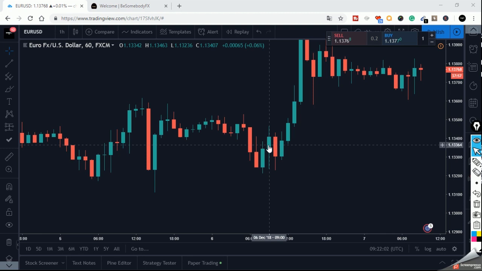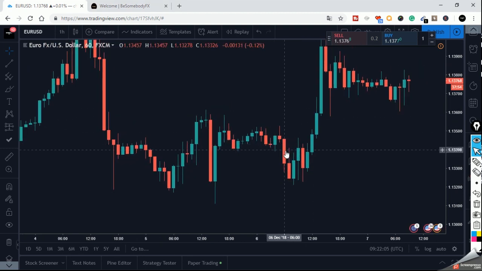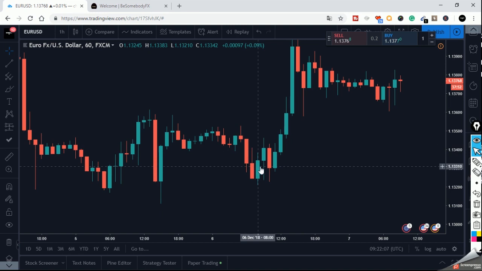It's not so complicated. In this case, 6 December 2018, 7 o'clock candle closes bearish, 8 o'clock candle closes bullish. It doesn't only close bullish, it closes bullish, breaking below the previous candle, sorry. This suggests there might be a stop hunt, there might be a fake out, there might be somebody that wanted to have a cheaper price to buy.